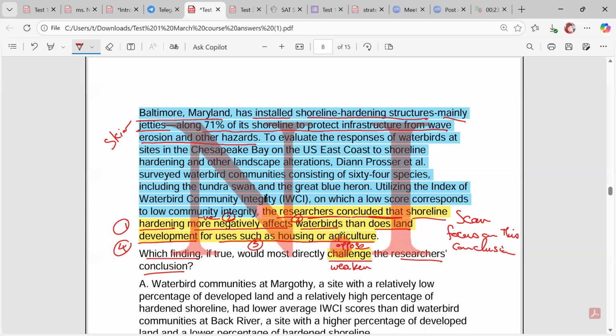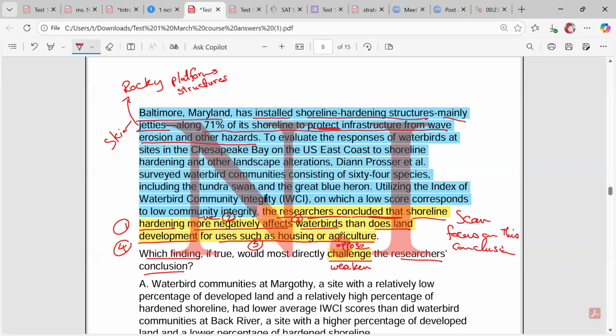They built mainly jetties, which are rocky platforms or structures made out of rocks and so on, in order to protect the infrastructure from wave erosion.